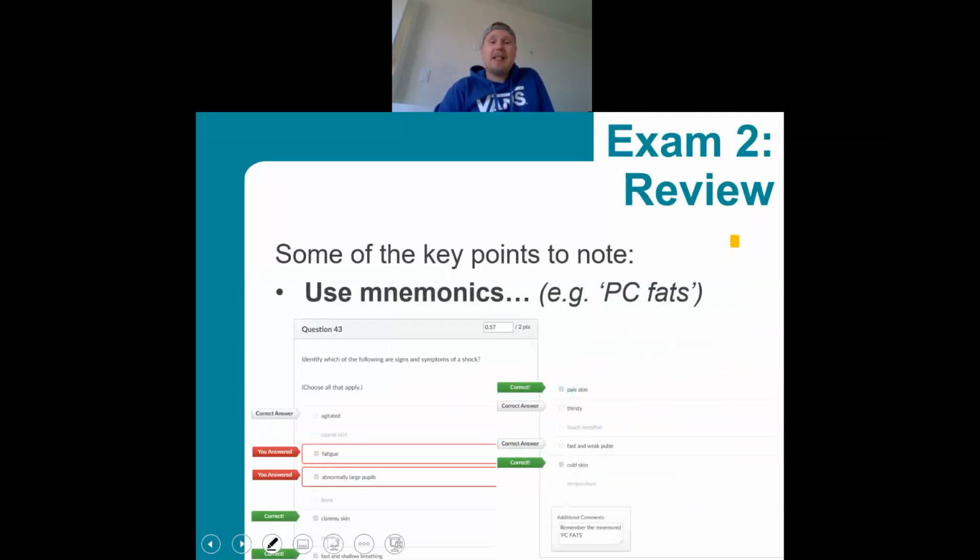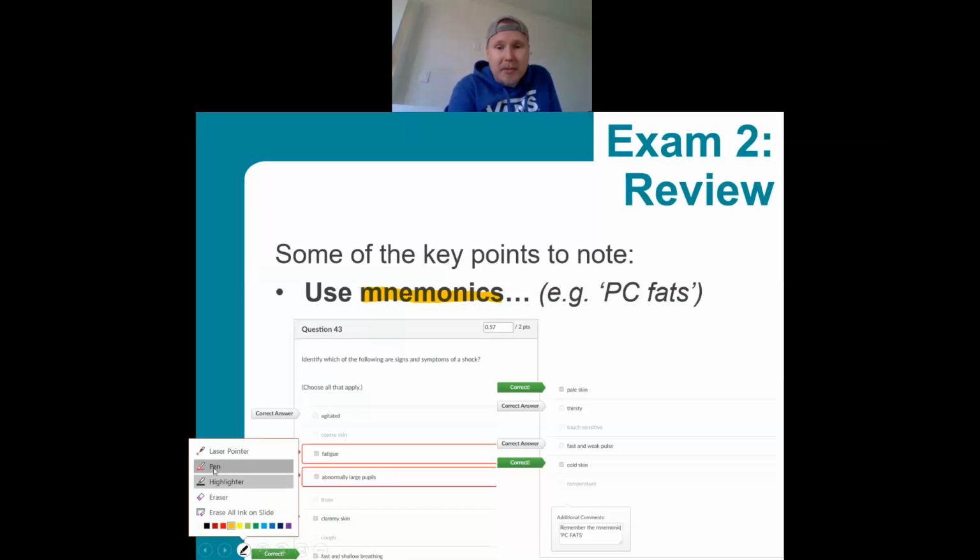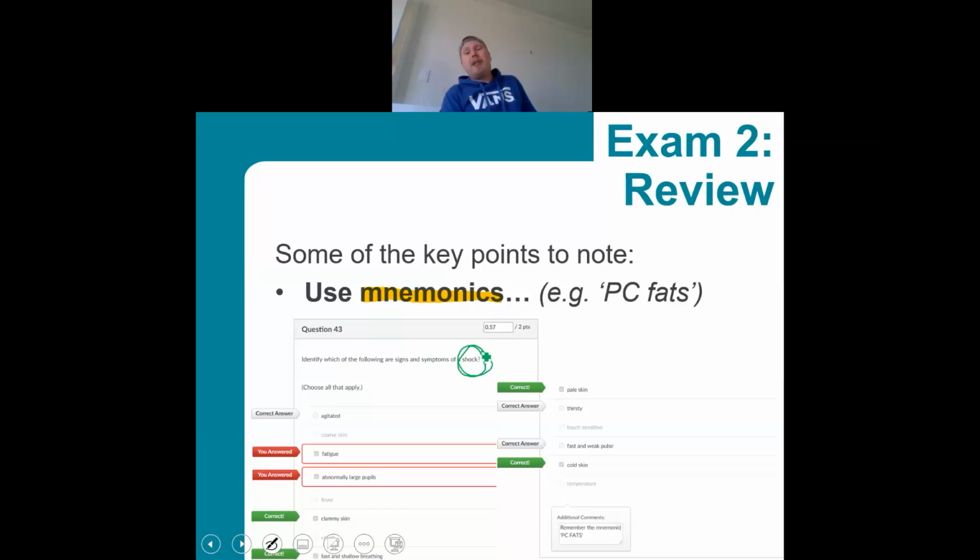Using mnemonics is a very good way, especially in anatomy and physiology, where you have a lot of things to remember. So, for example, here I was asking for signs and symptoms of shock. And for that, we had the mnemonic PC-PATS.